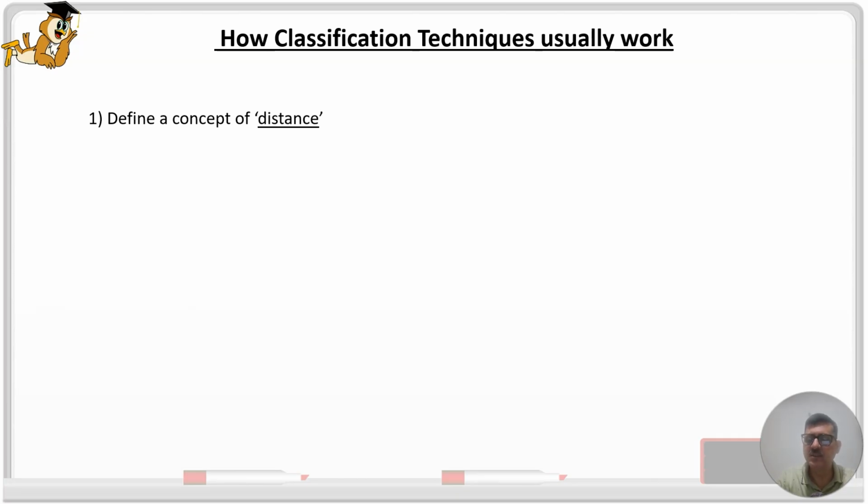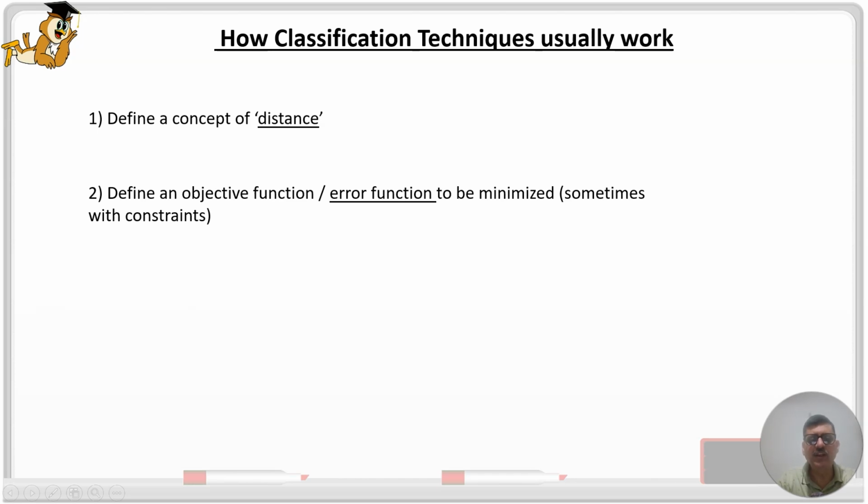It could be the Euclidean distance between points, or in the case of logistic regression, you came up with the idea of probabilities, and the concept of distance there was linked to the difference in the probabilities. So in every classification technique, you need to begin with the concept of a distance. I would say not just in classification techniques, in pretty much every AI algorithm, somewhere deep down is a concept of distance that you have defined between data points.